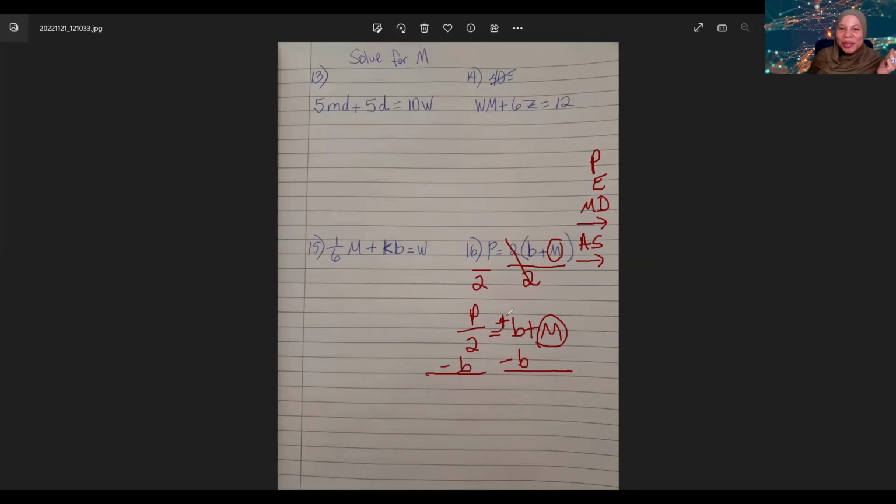So my 2 B's cancel out, and I get M equals P over 2 minus B. Or if I flip it around, it's M equals P over 2 minus B. So you have it.